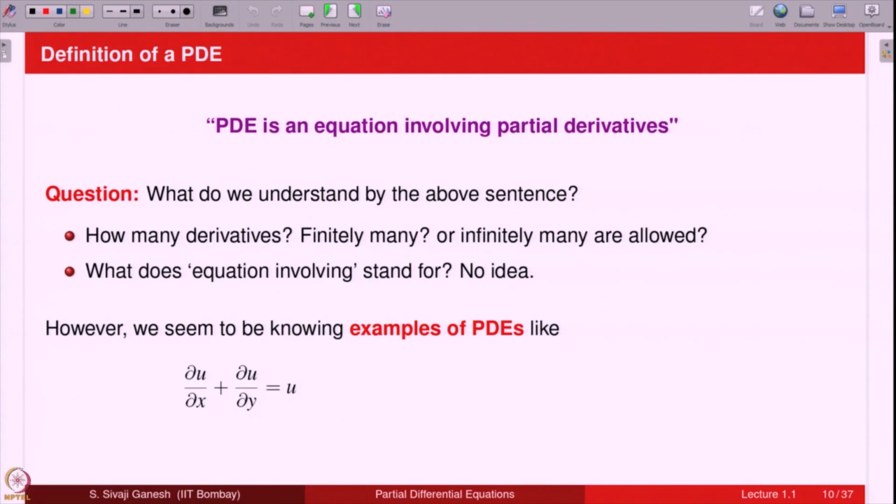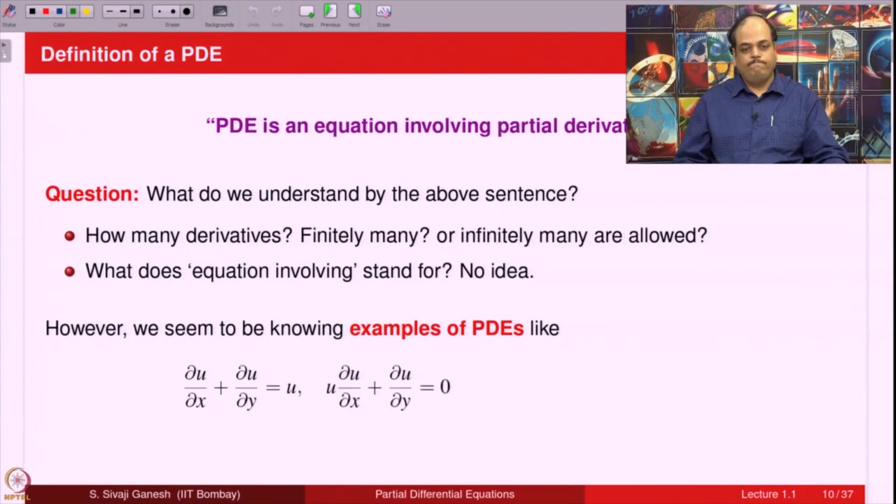Therefore, these are the examples that we seem to know. Dou u by dou x plus dou u by dou y equal to 0, u dou u by dou x plus dou u by dou y equal to 0, and another equation, dou 2 u by dou x square plus dou 2 u by dou y square equal to sin x plus cos y, and so on. Many such examples we know. And the above sentence, a PDE is an equation involving partial derivatives, seems to be acceptable.